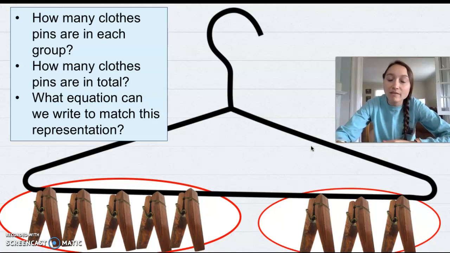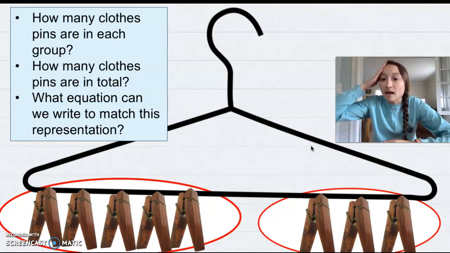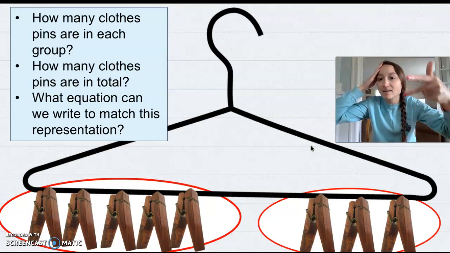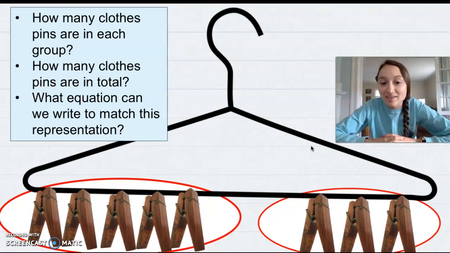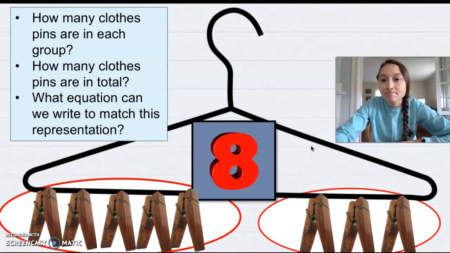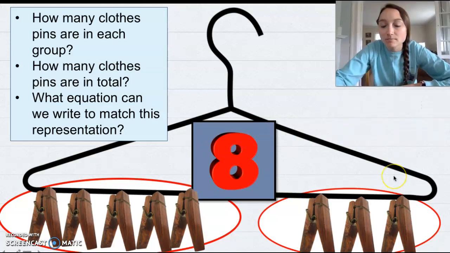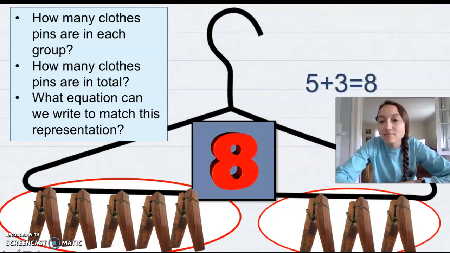So 5 and 3, pop 5 in your head. 5, 6, 7, 8. Makes 8 clothespins all together. What equation could we write to match this picture? You got it. 5 add 3 equals 8 altogether.